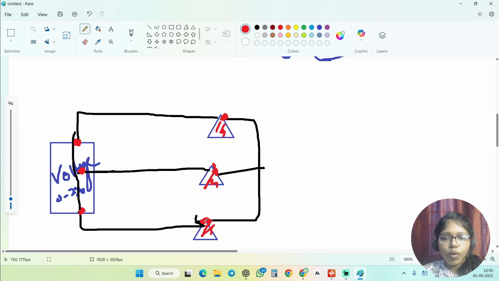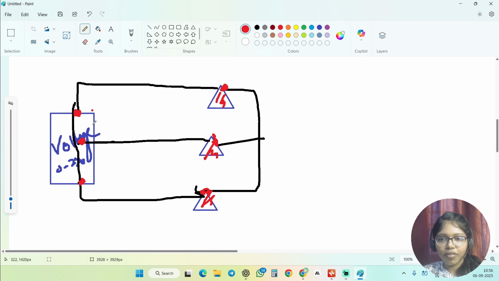Then what I'm going to do is give the same amount of potential, but now the current is going to start. So the current flow will start. The electrons will move and the current will flow. When I'm giving some potential, here you can see some of the current will flow in this direction.